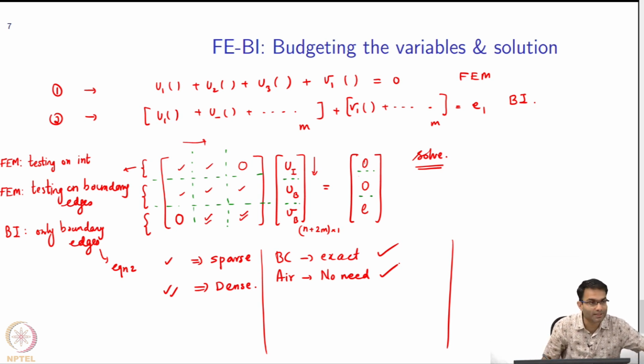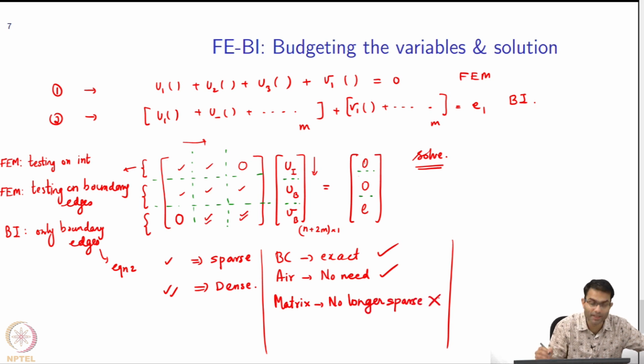It's dense, right? So my matrix is no longer sparse. That's a big disadvantage because now I no longer have an n log n solver.